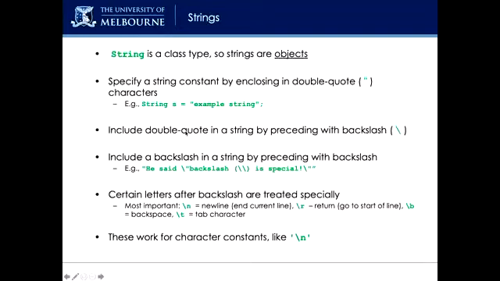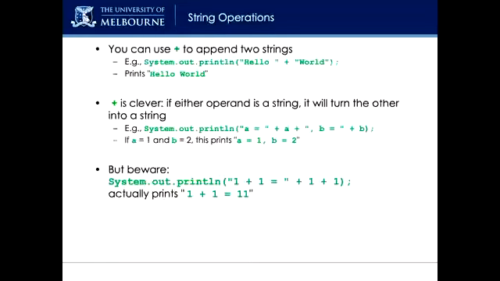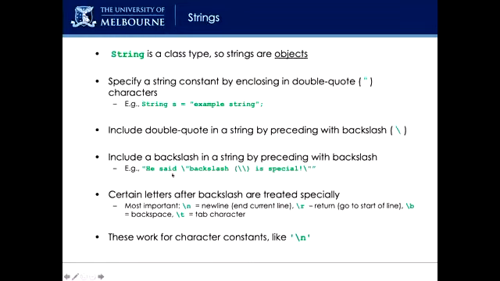For those who've used Python, you know that you can use a single quote or a double quote to make a string. In Java, you cannot. So a string always has double quotations. If you want to use a single quote as part of your string, as part of your sentence, you can. But if you want to use a double quote, you can't. You have to use a breakout symbol, which is, in this case, the backslash. So if you want to, for example, use a quotation inside your string, you have to first put a backslash within the string and then provide the character that you want to showcase.